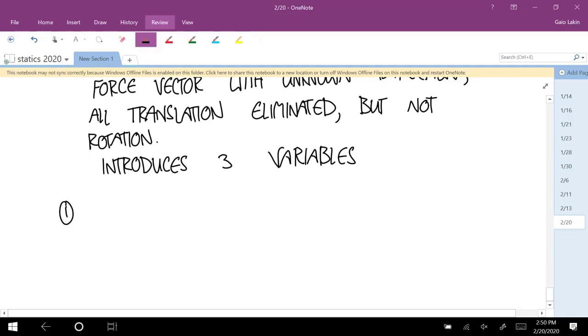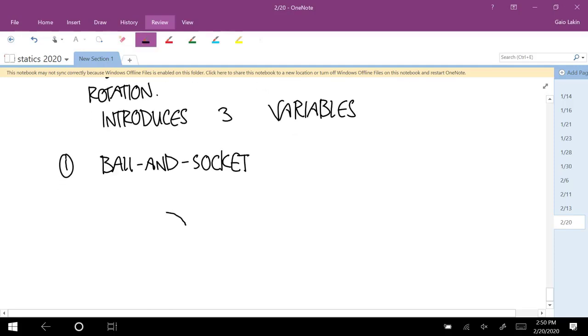And the joint in this category is a ball and socket joint. So you have one piece like that, one piece like that.